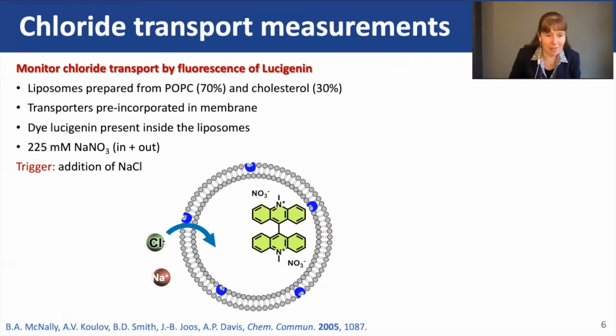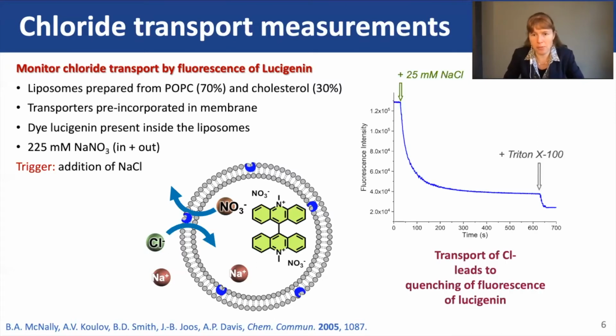And then if the carrier is active, it can take chloride into the liposomes. However, then we will build up negative charge inside. So we need another anion that can be taken out of the liposome to balance the charge. That's why we use sodium nitrate as a default for such experiments.